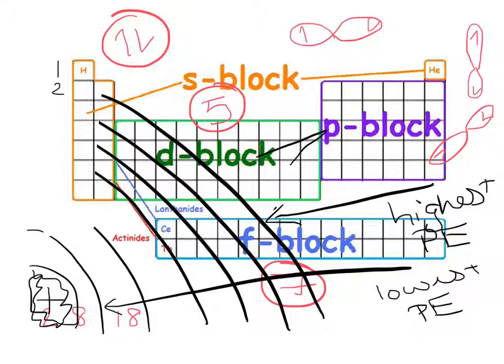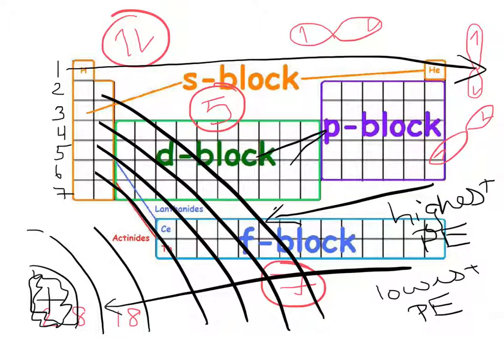Just number them down. 1, 2, 3, 4, 5, 6, 7. So there are 7 energy levels on this periodic table, and the way they're read is they're read across this way. So hydrogen and helium are in energy level 1.